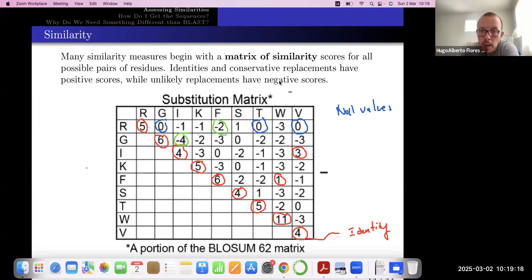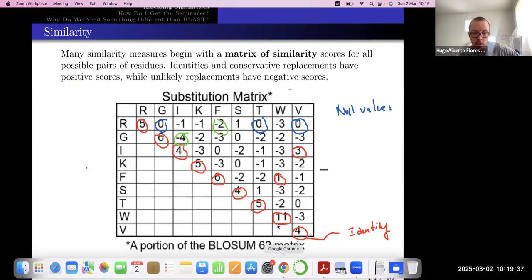But there may be conservative replacements, like the I and the V, which provides 3 points to the score. It means this is something that can happen, and even if they are not matches, they add some value to the similarity. This is one matrix associated with the analysis of a protein sequence.